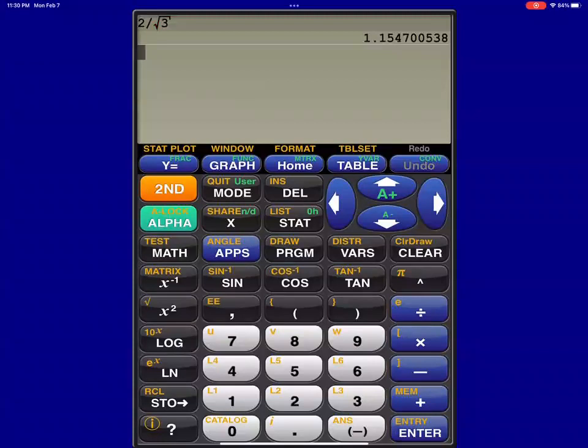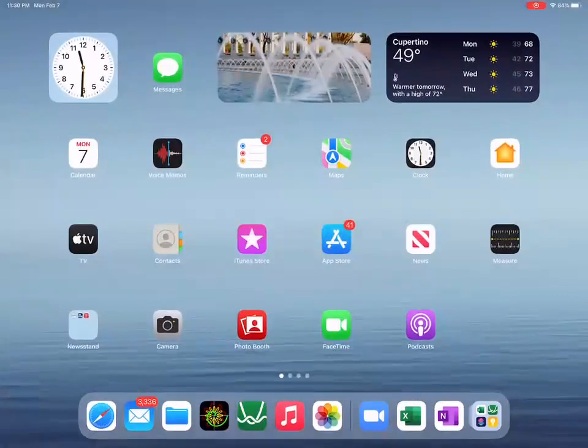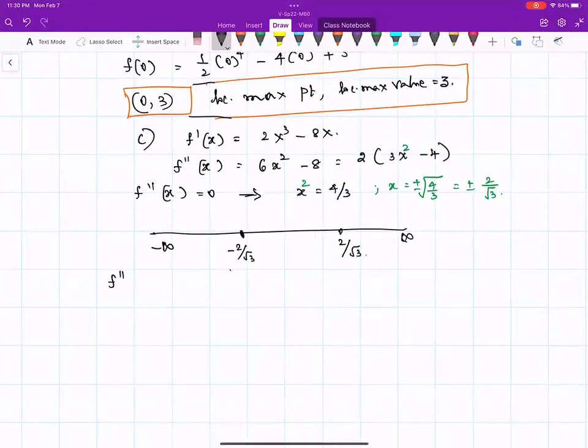That is 1.15. So if you look at this graph, it is negative 1.15. It's positive 1.15. So I have to pick a value to the left of negative 1.15 to find out what is happening in this interval. Then the interval negative 2 over radical 3 to 2 over radical 3, and then the interval 2 over radical 3 through infinity.